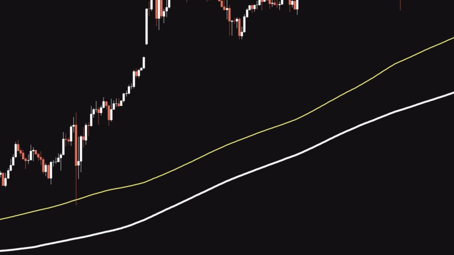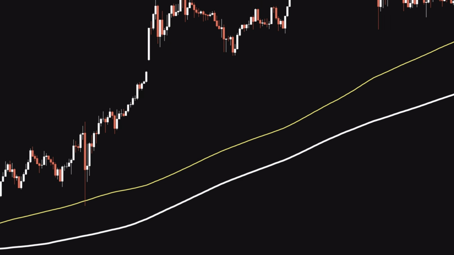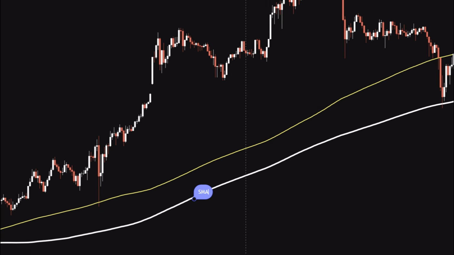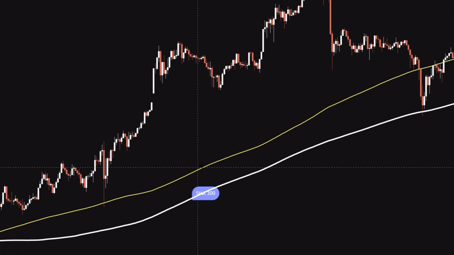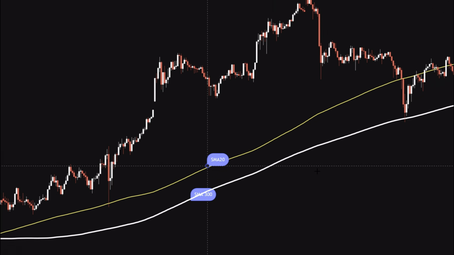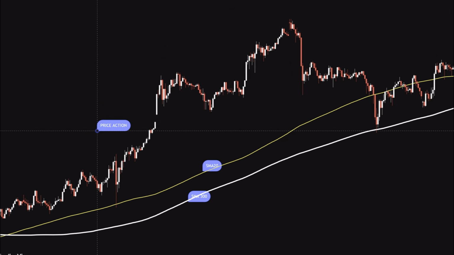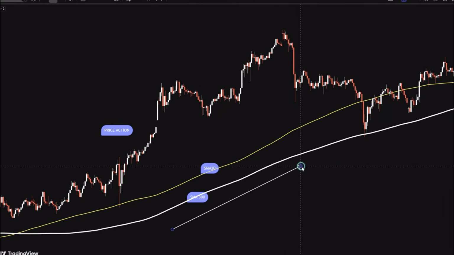When price is above both, you're in an uptrend. It's that simple. One clean line separating professional traders from gamblers. If you're taking buy signals below the 200, you're fighting the market. If you're taking sell signals above the 200, same problem. You're bleeding capital because you're ignoring structure.